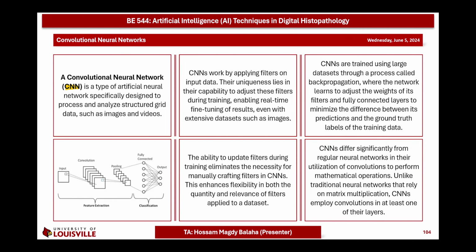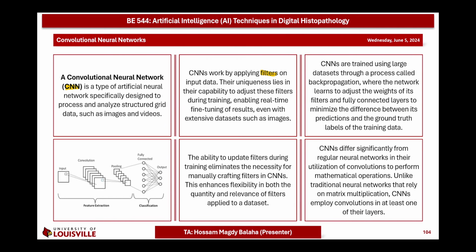So simply, CNNs work by applying filters on the input data, and these filters are able to extract different patterns and features from the images. The uniqueness of these filters is that they can be adjusted during the training process and fine-tuned for your dataset.